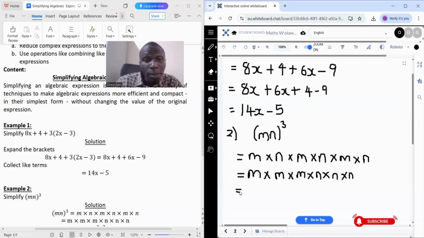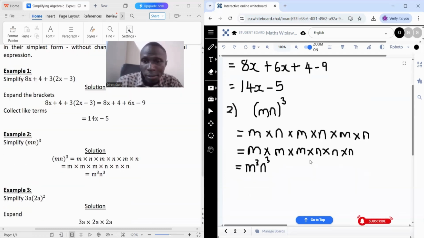So m times m times m, we can have that to be m raised to power 3. Then we have n times n times n, we can have that to be n raised to power 3. So with that, example 2 has been simplified.